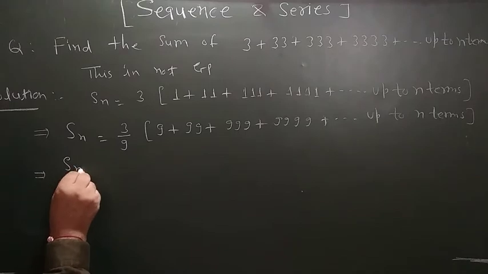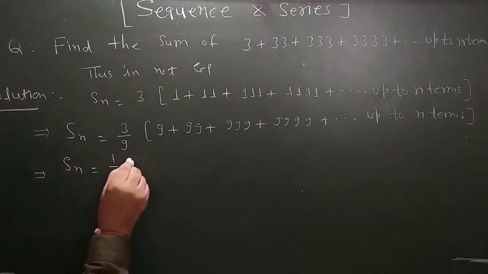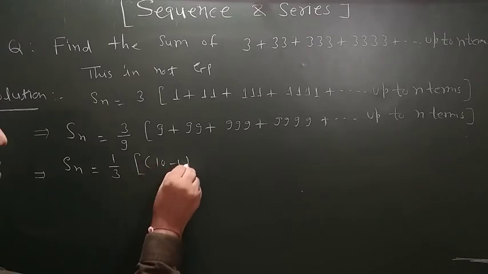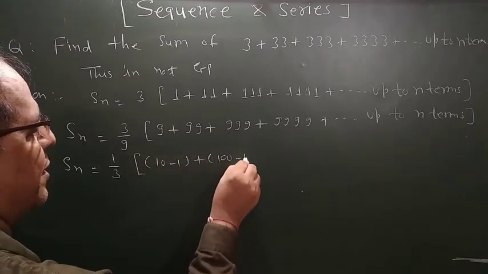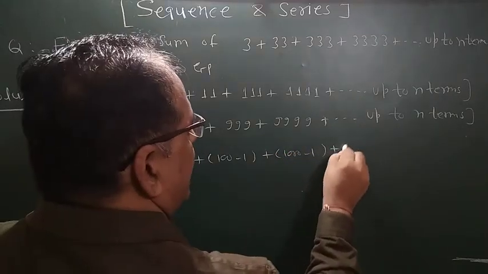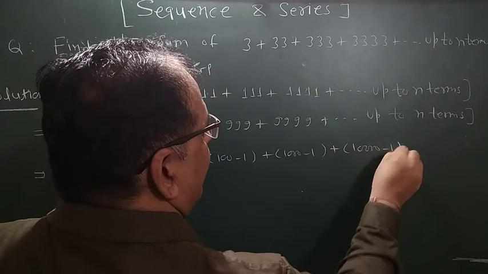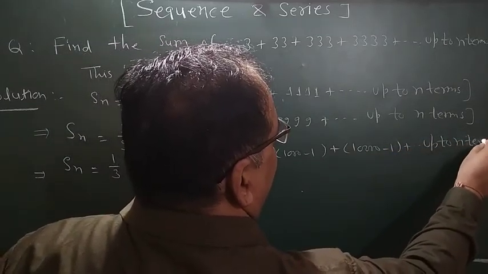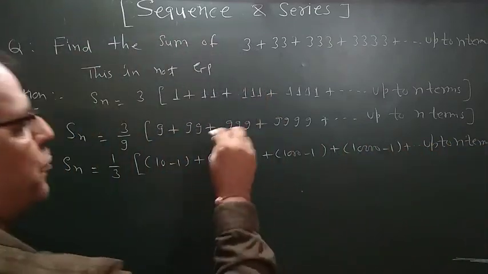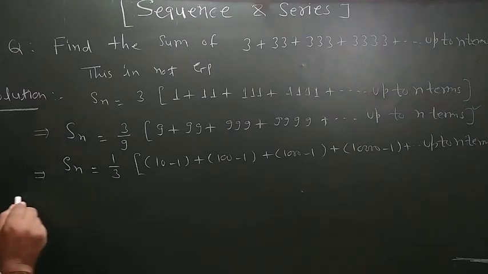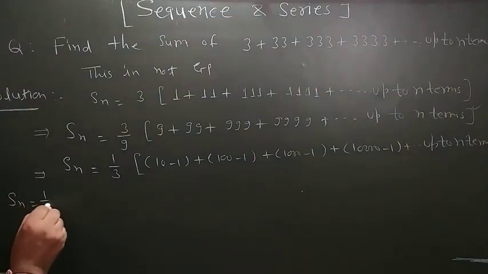Now again, Sn becomes 1 upon 3. Inside the bracket the terms can be written as 10 minus 1, 100 minus 1, 1000 minus 1, 10,000 minus 1 up to n terms. Up to this step, this is not a GP, but now we are in the process of converting it to a GP. Sn equals 1 upon 3.